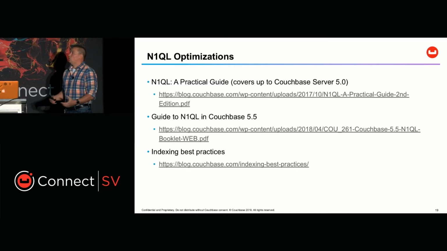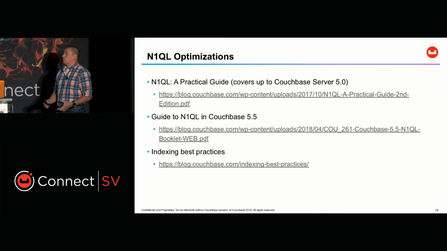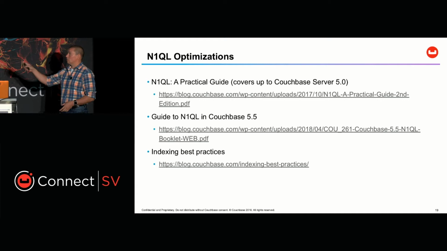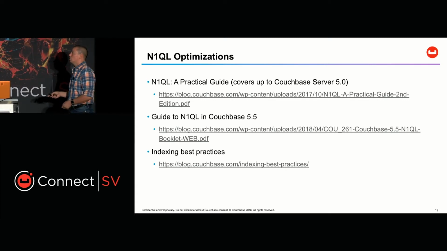If you work a lot with N1QL, whether from the DBA perspective or from the perspective of the developer, there are those black books that talk about N1QL: the practical guide, and the N1QL guide to Couchbase 5.5.